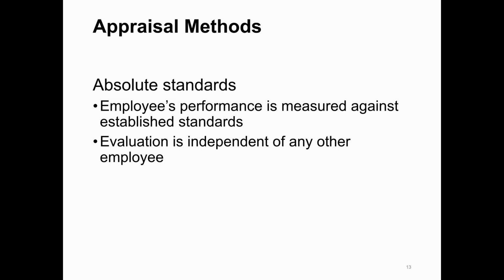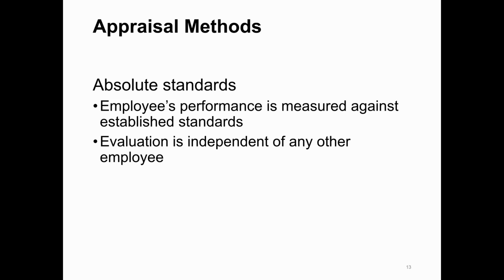So employee A's 36 shirts will be measured against the standard of 40, employee B's 38 will be measured against the standard of 40, and employee C's 32 shirts will be measured against the standard of 40. So in absolute standard, each employee's performance is measured against the established standard.